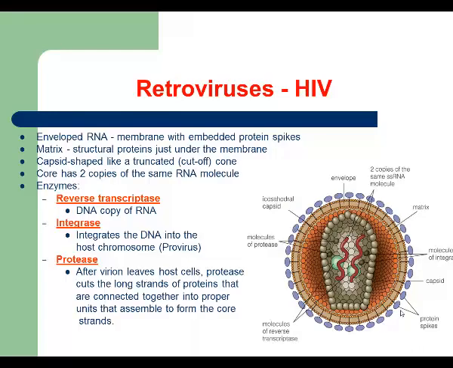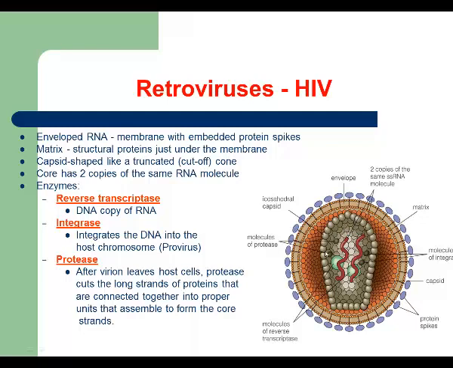Before we continue with reverse transcription, let's talk about the structure of HIV virus. As you see, this virus is an enveloped virus. In the center of each HIV virus, there are two copies of an RNA molecule. So this is where all genetic information of HIV virus is stored.